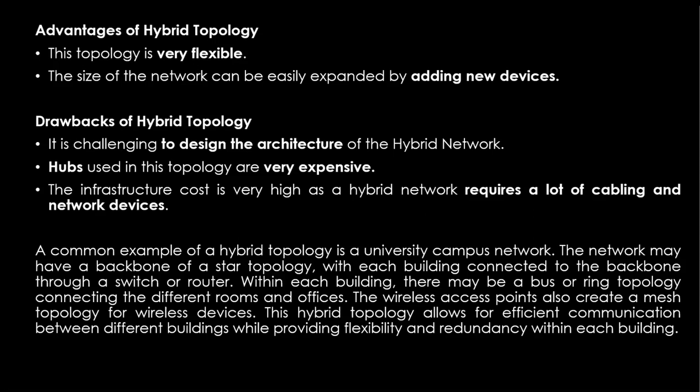Within each building, there may be a bus or ring topology connecting the different rooms and offices. The wireless access points also create a mesh topology for wireless devices. This hybrid topology allows for efficient communication between different buildings while providing flexibility and redundancy within each building.